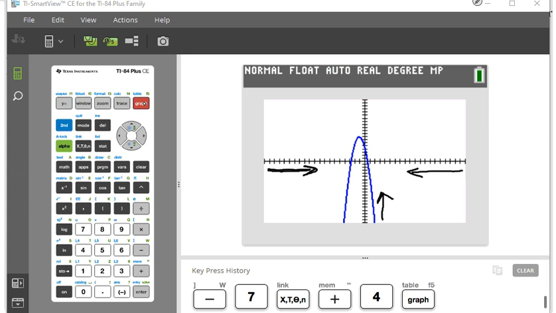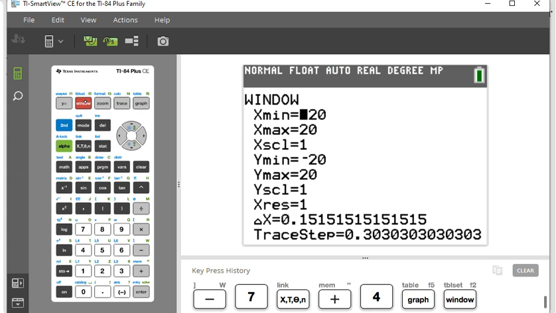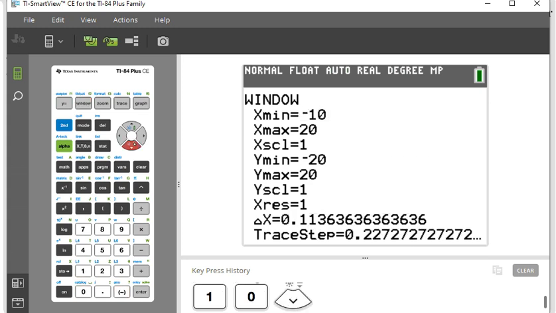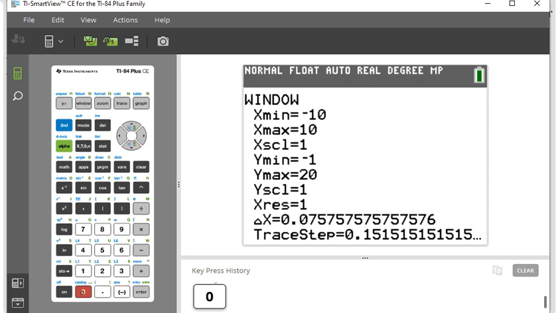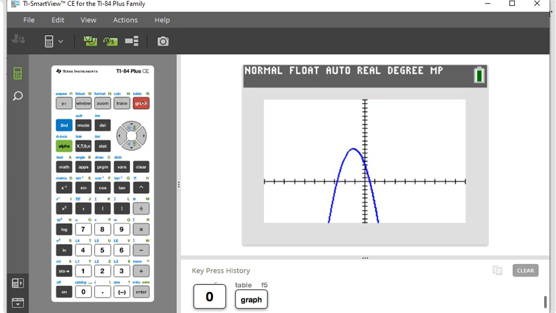So my x min and x max, I'm going to bring into 10s instead of 20s. And my y min, I'm going to bring up to 10 instead of negative 20. If I graph it, okay, now I can see those a little better.